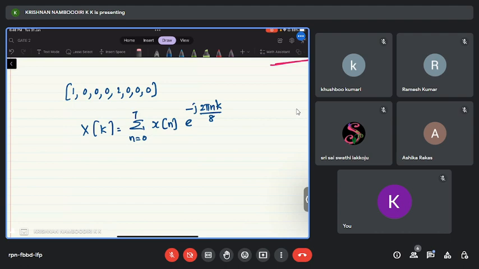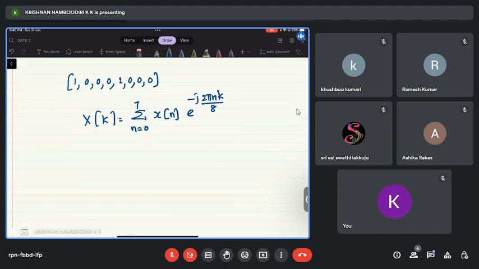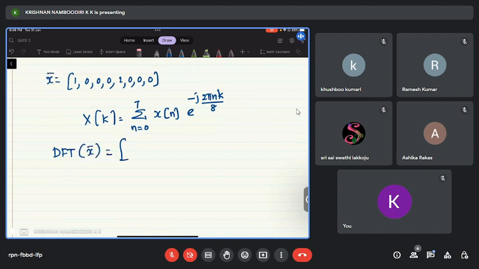Correct? So basically the DFT of x is a vector of length 8, X0, X1 up to X7.